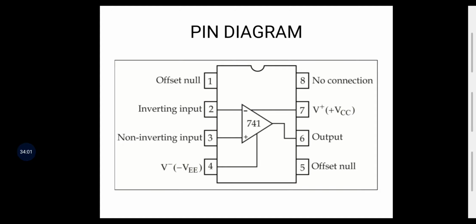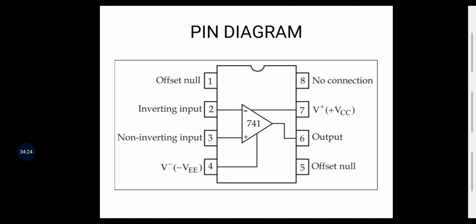is offset null. It provides offset voltage. If you need offset voltage 0 or offset current 0, we use this pin, the offset null pin. There is also a fifth pin that is offset null.